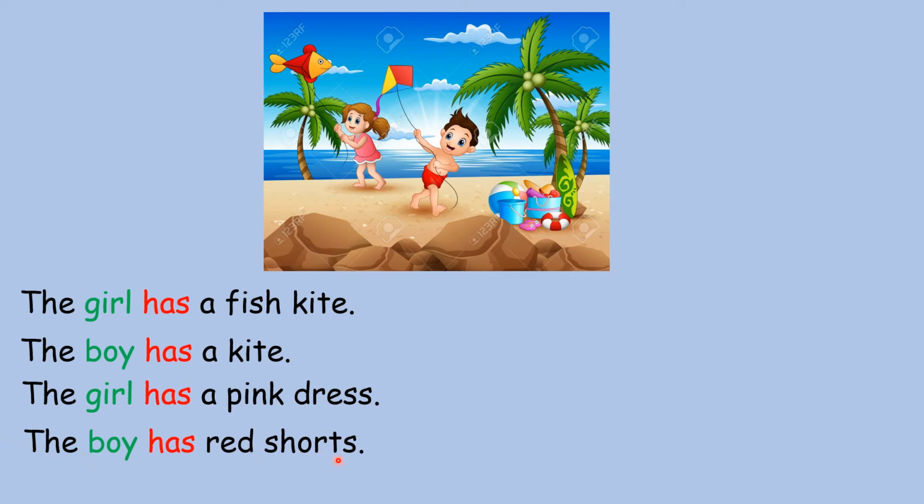Now let's do sentences with the word have. They, the pronoun they, have kites. I cannot say they has kites. You use has only for a singular noun. But the word have is used for plural nouns. They have kites.